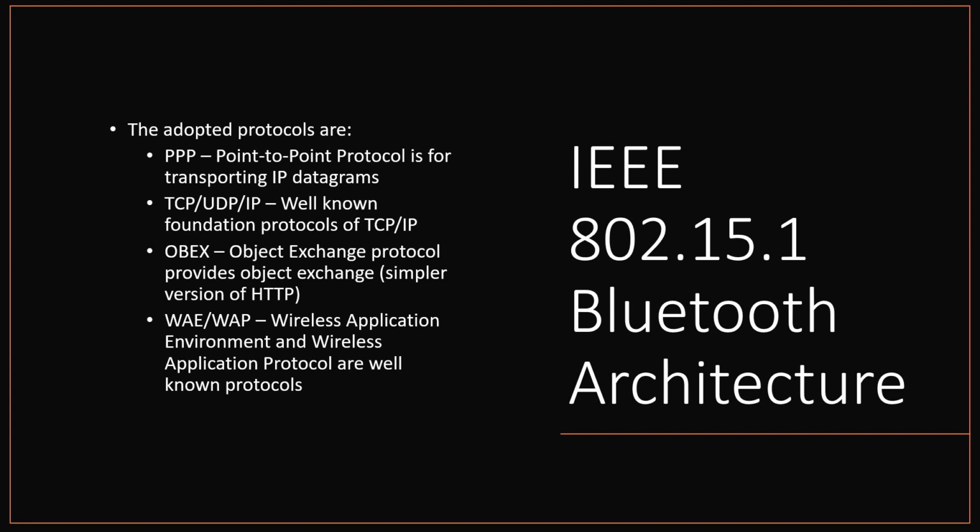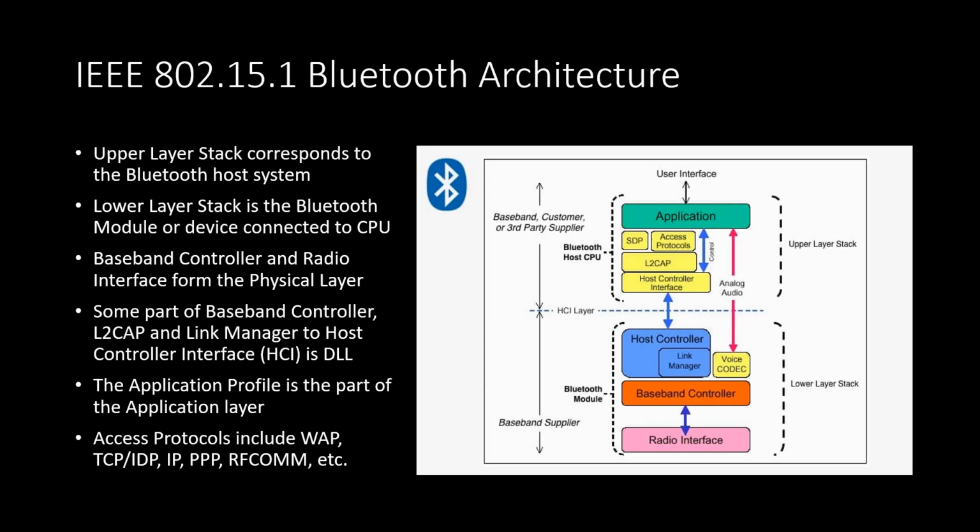And some examples of the objects that are transferred include vCard and vCalendar, and you can look them up also in the book. The last one is WAE, which is Wireless Application Environment, or WAP, which is Wireless Application Protocol, and these two protocols are also very well known, so I'm not going to go into it in details.